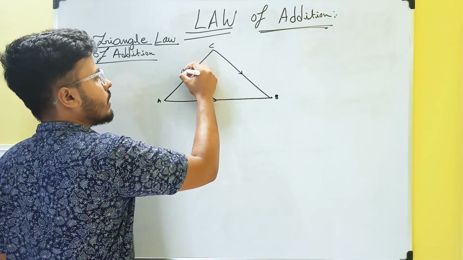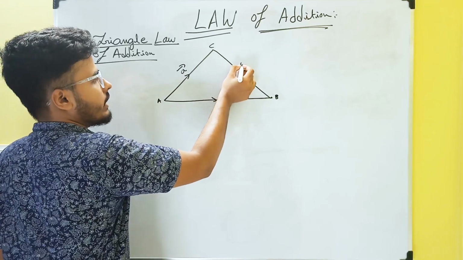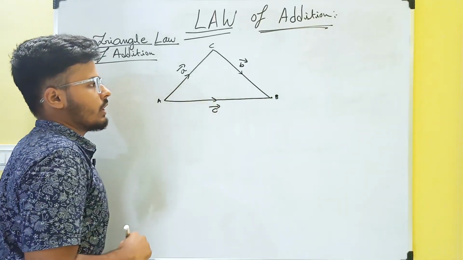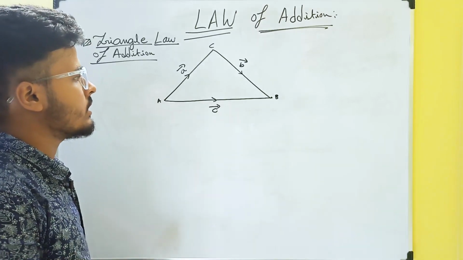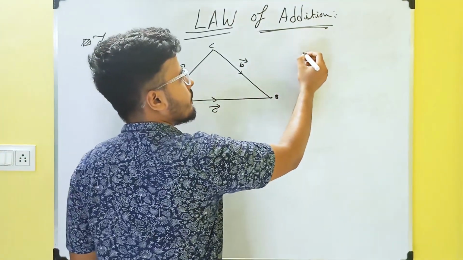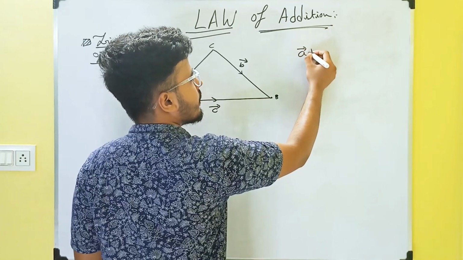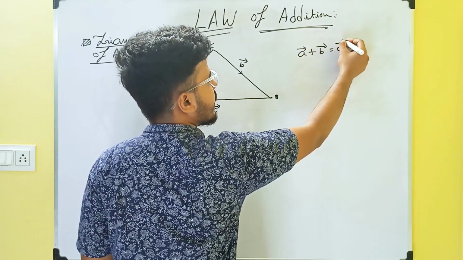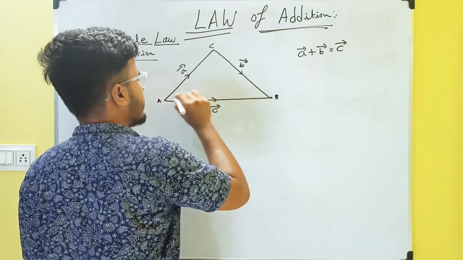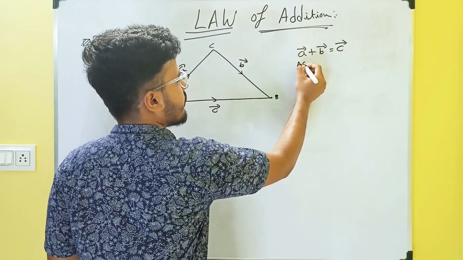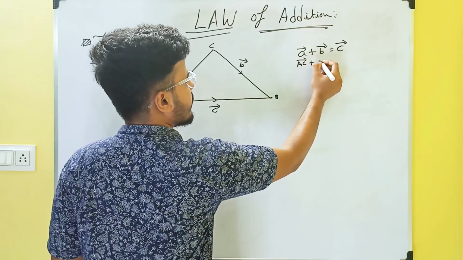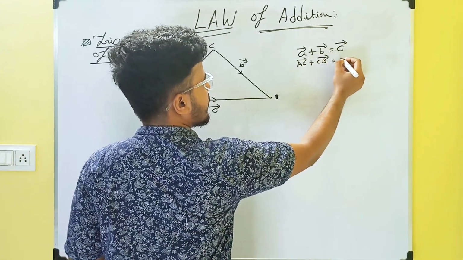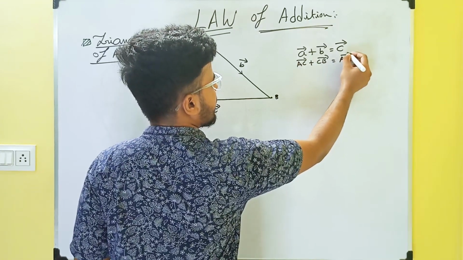Let's say this one is vector A, this one is vector B, and this one is vector C. The triangle law says that vector A plus vector B gives the resultant vector C, or you can say vector AC plus vector CB gives the resultant vector AB.